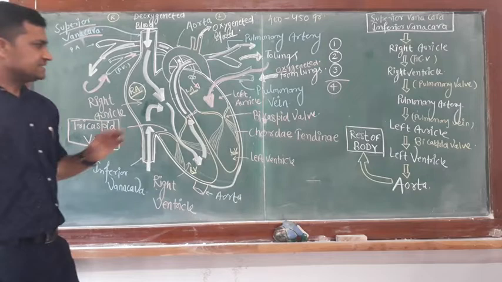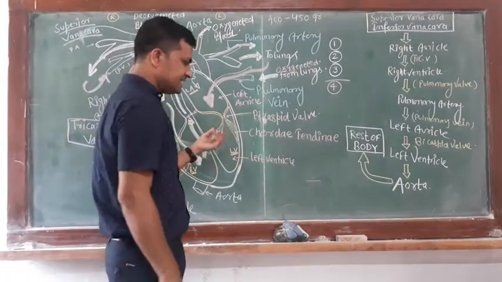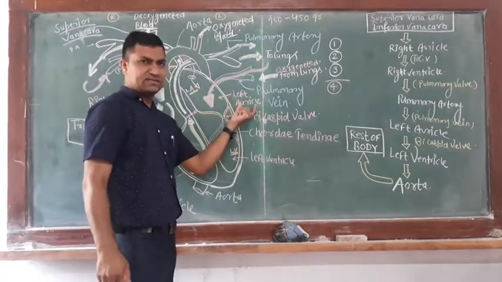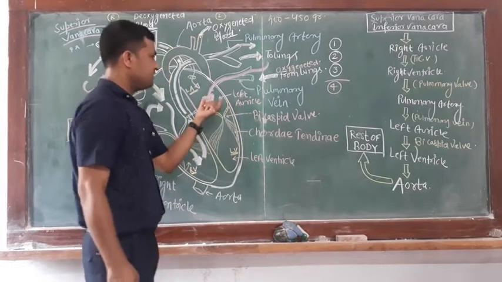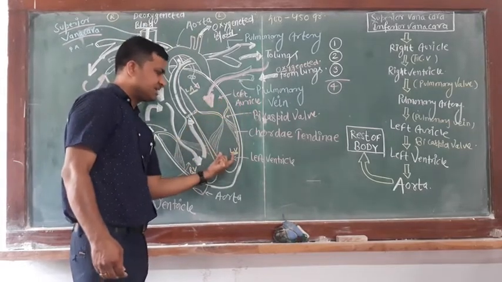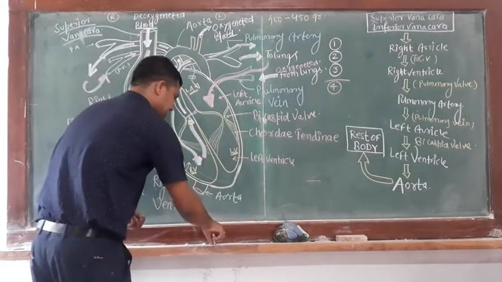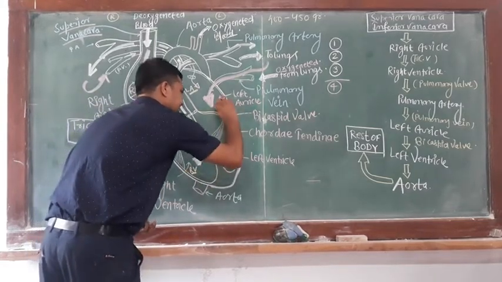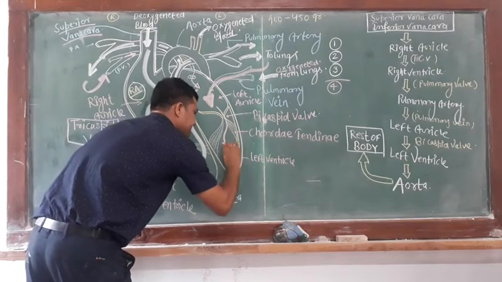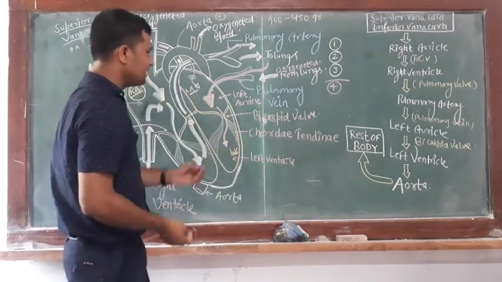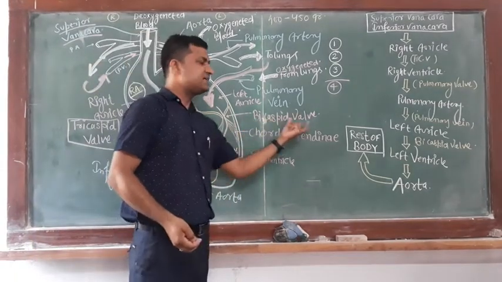Understood? Thereafter, the oxygenated blood is in the left auricle. The oxygenated blood from the left auricle comes into the left ventricle with the help of the bicuspid valve.